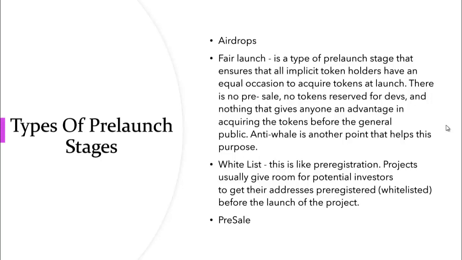Anti-whale is another point that helps this purpose. What exactly is anti-whale? At fair launch, we can say that nobody buys more than $50 worth of the coin. Because we have whales that can buy $1 million and hundreds of thousands of dollars at once. When they buy it at once, they will pump the price and then they dump on everybody. You get the point?